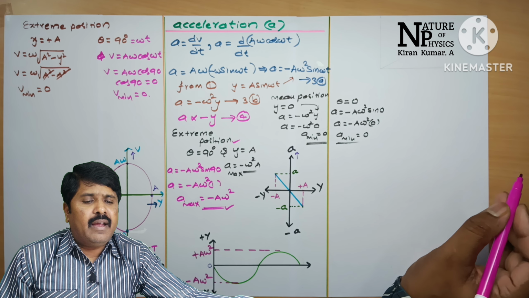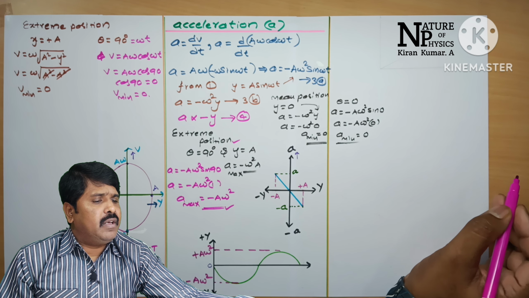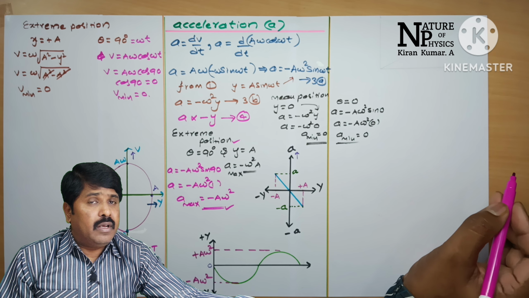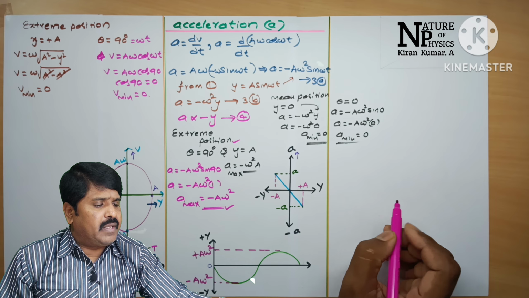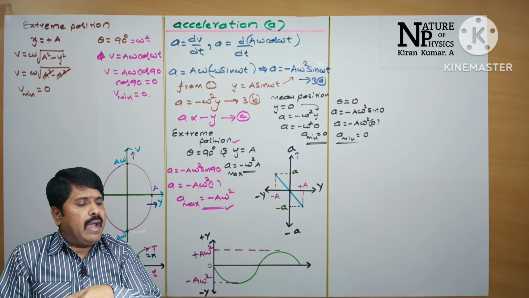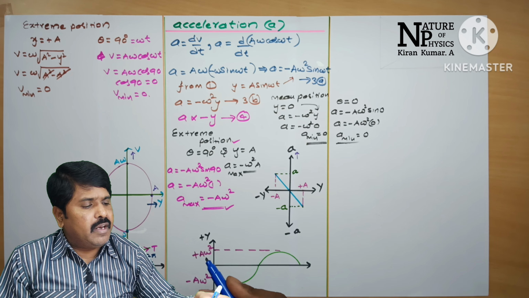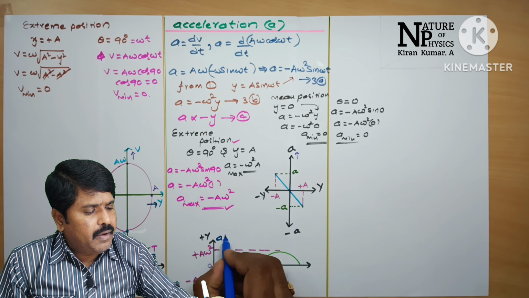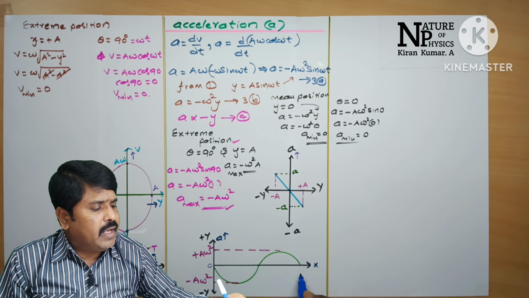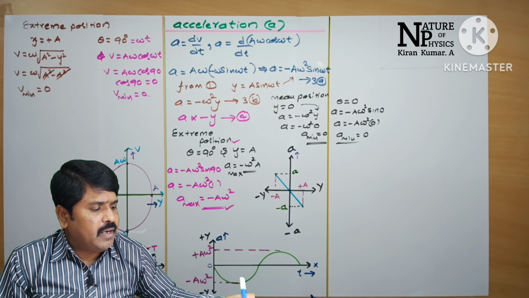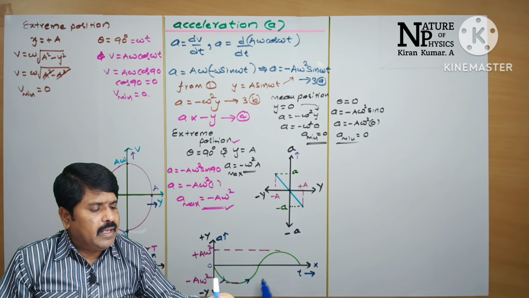Yes, students. Next we will have the equations for this. Before the equations of motion, there is a graph for acceleration and time. On the y-axis I am considering acceleration, and on the x-axis is time, representing clearly there. The particle is moving like this.